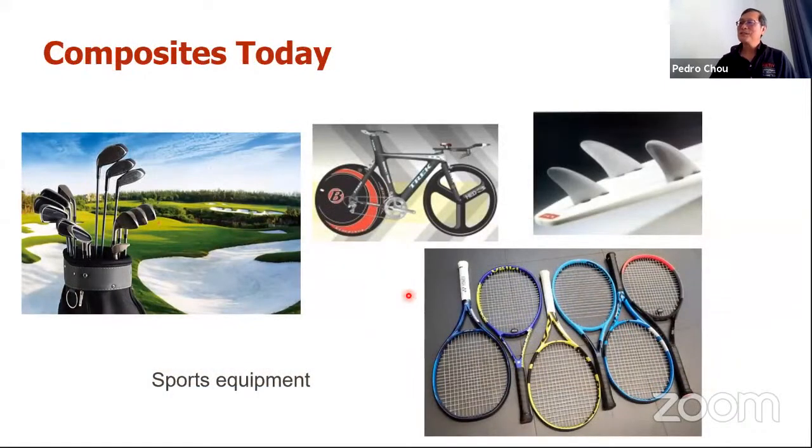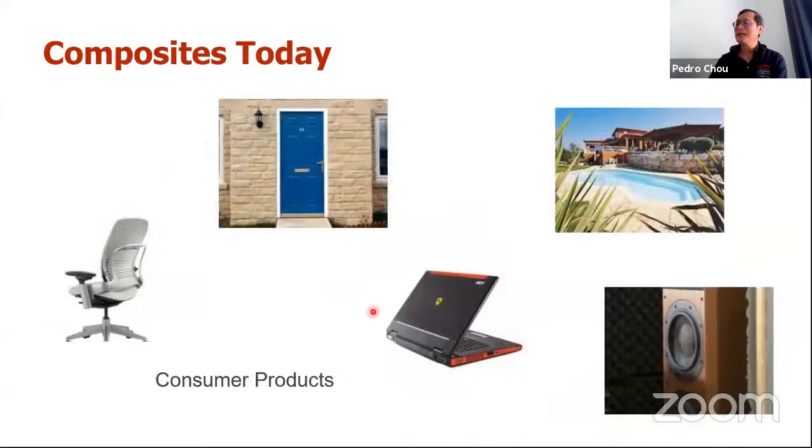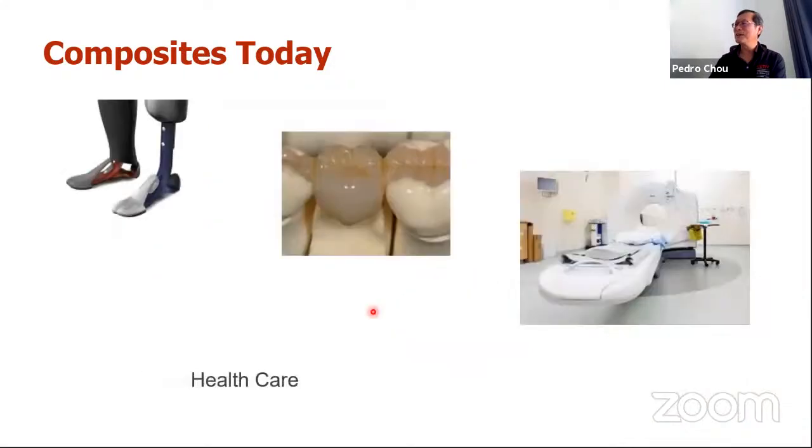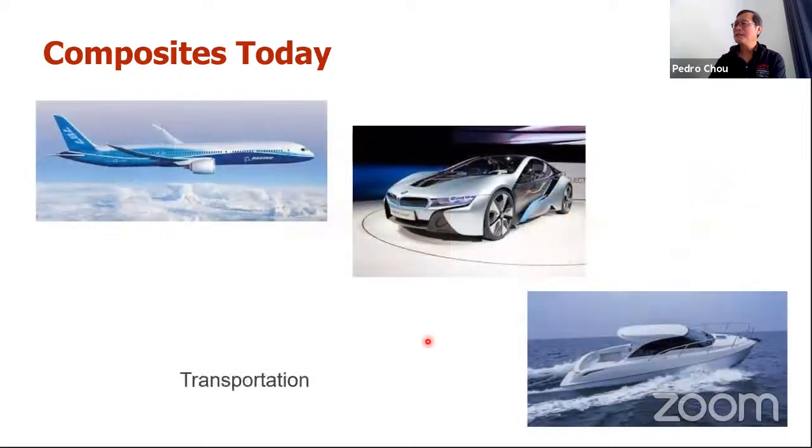But today, composites are everywhere. We have composites being used in sport equipment, consumer products. The laptop that I'm using in front of me here has a lot of composites in it. Swimming pools, healthcare, prosthetics, crowns for your teeth, ceramics, medical equipment, transportation. As I said, the aerospace industry pushed the envelope in terms of adoption of composites.